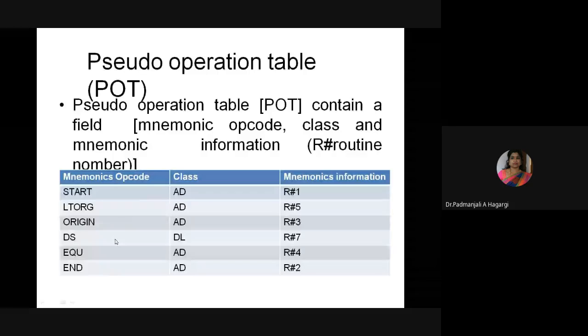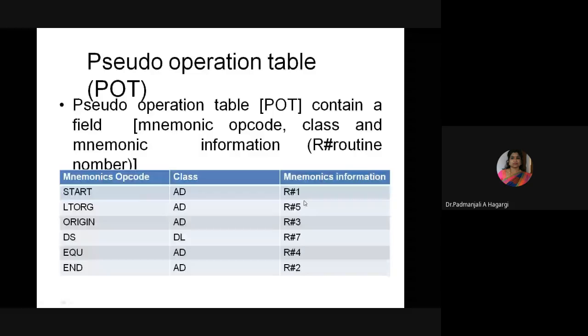So these were the pseudo operation tables, mainly highlighting the subroutine of the program. The mnemonic operation table and pseudo operation table, these both databases are added and are useful for generating the target code.